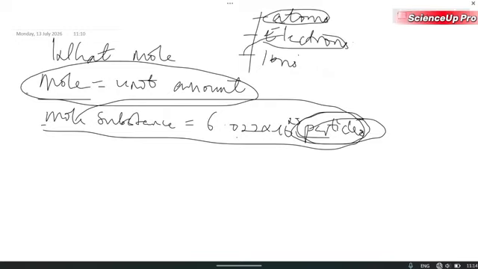That is how you can define a mole. To summarize, the mole is simply the amount of substance present in 6.022 times 10 to the power 23 particles, and these particles could be atoms, electrons, or ions.